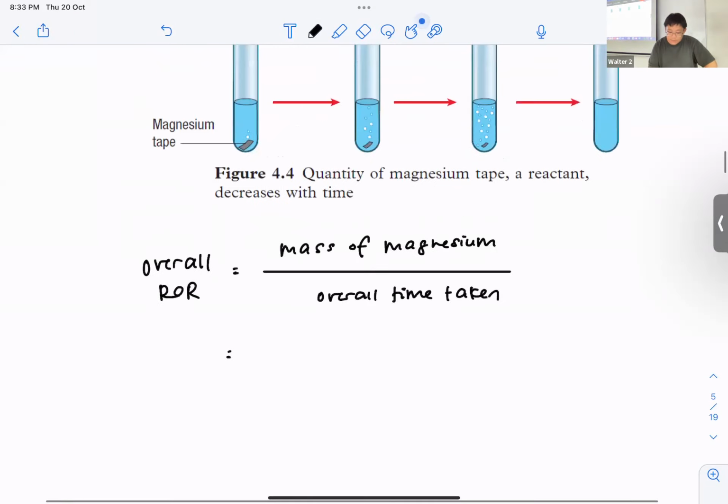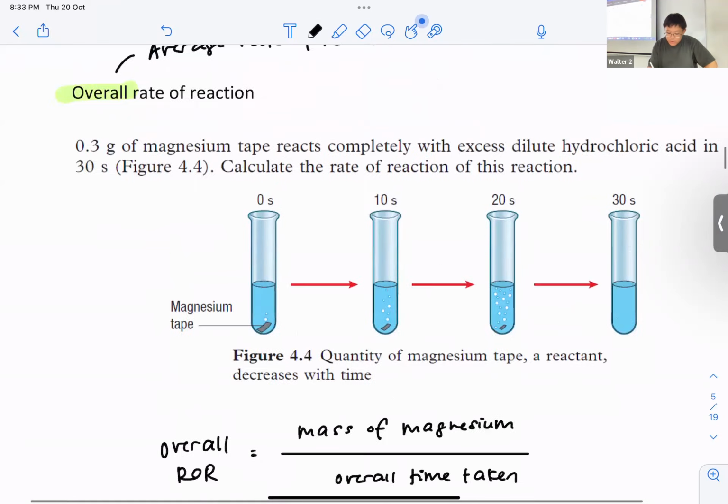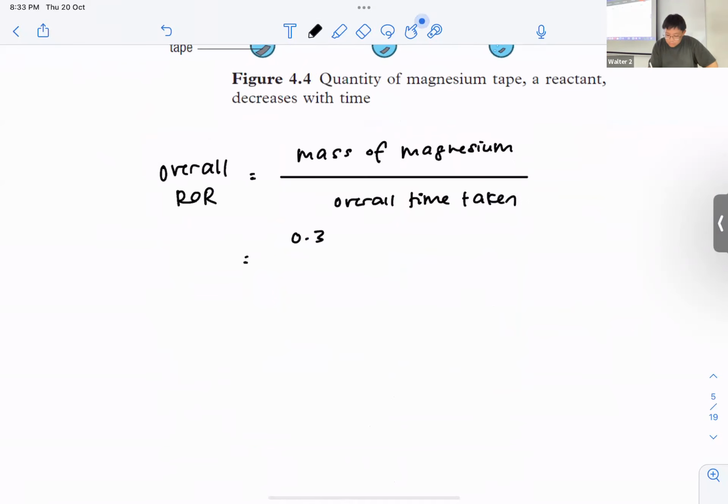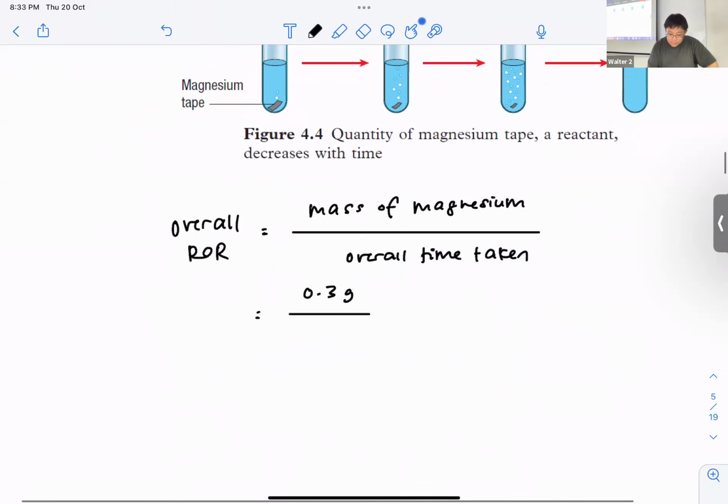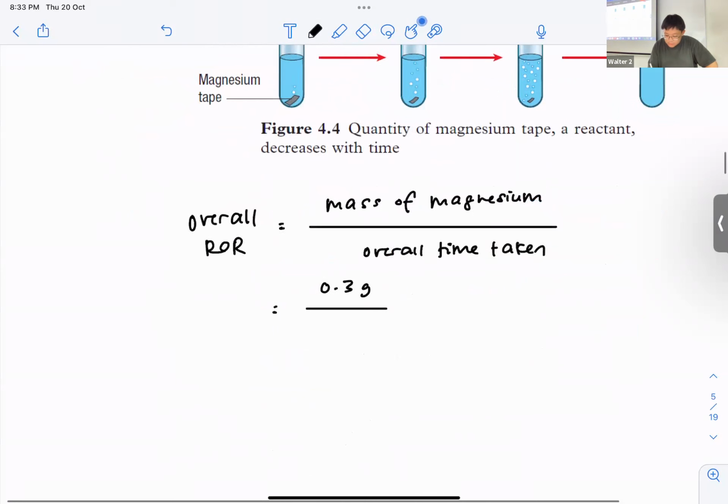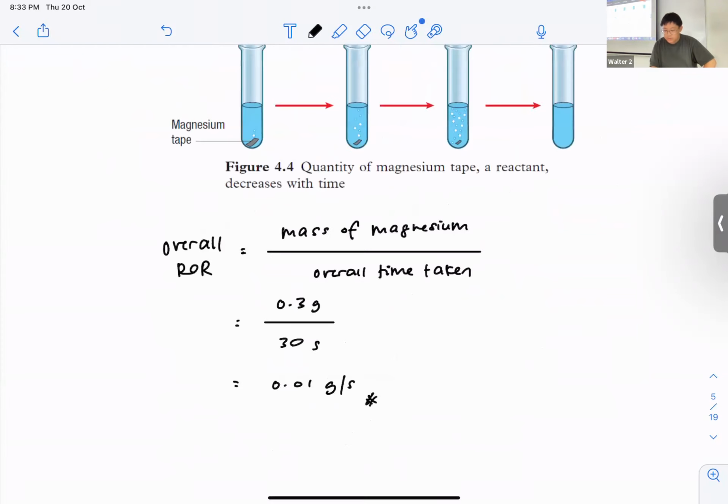So we saw that the mass of magnesium in total was 0.3 grams. Divide by total time taken, which is 30 seconds. So if you use a calculator, you can see that your rate of reaction is 0.01 grams per second. So this is your answer.